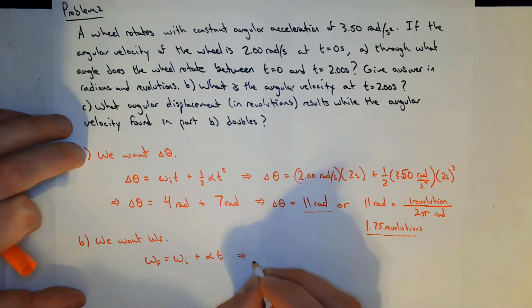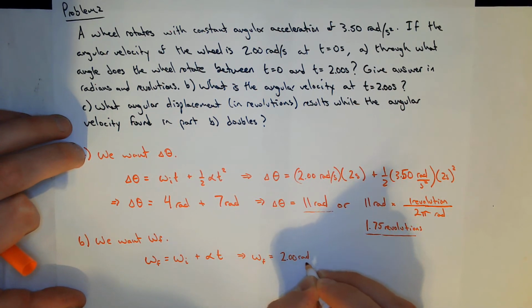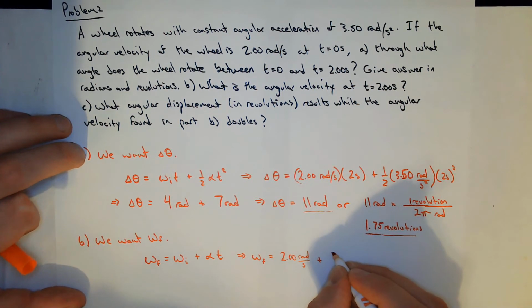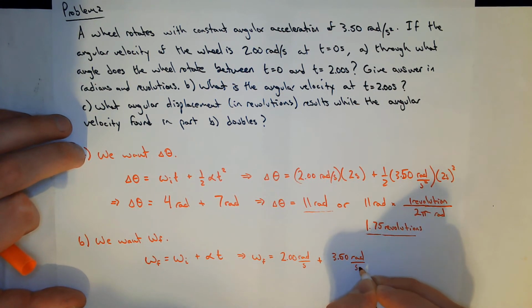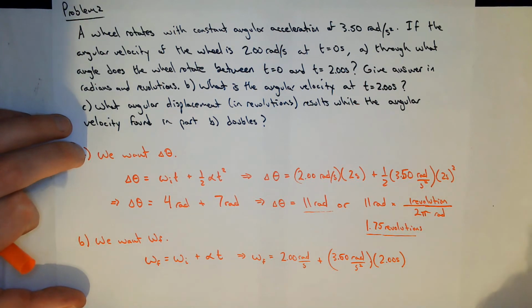So I'm getting omega final is equal to omega initial, 2.00 radians per second, plus 3.50 radians per second squared times how much time? Oh, 2 seconds. 2.00 seconds.